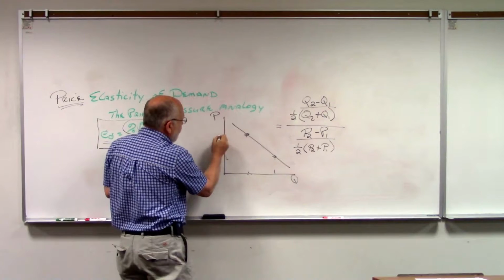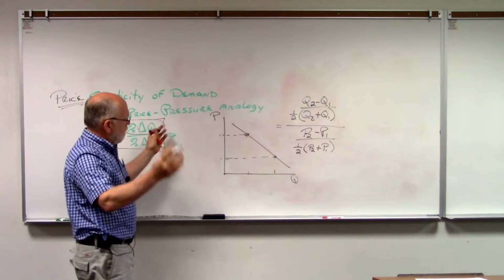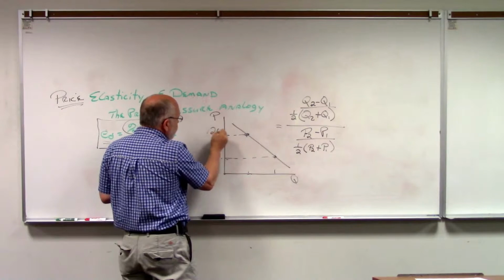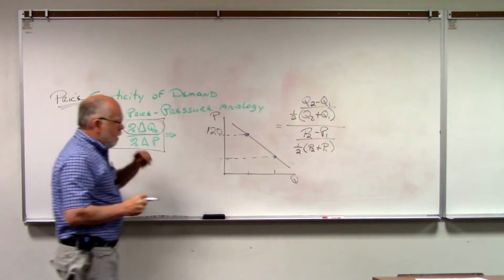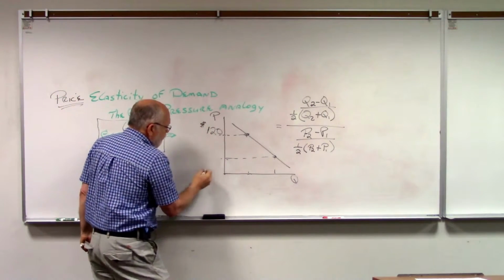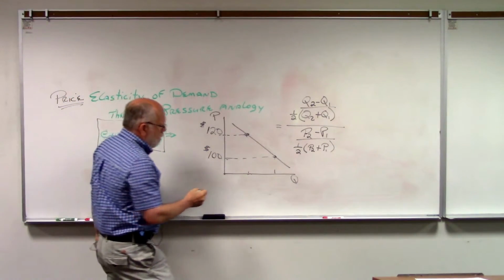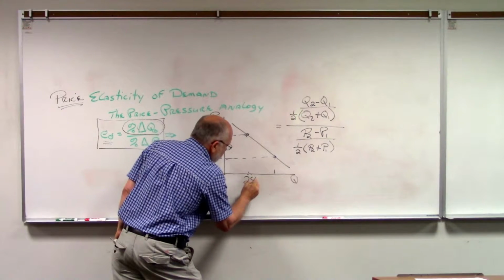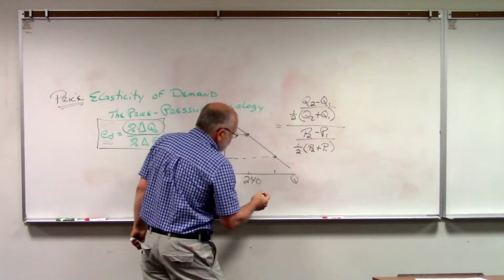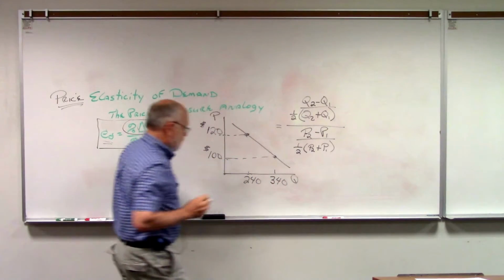I'm going to try to make this as easy as I can because I don't know how it's going to turn out and the math could get hairy, but I'll just say from $120 down to, this is dollars here, down to $100, and from 240 units up to 340 units. Okay.